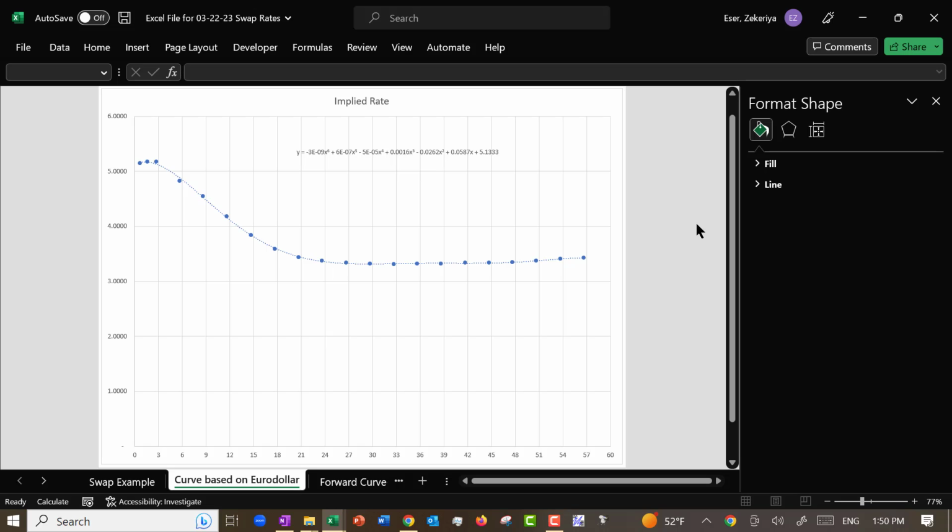You could either project what the rates are going to be based on X, or you could do some kind of linear interpolation.